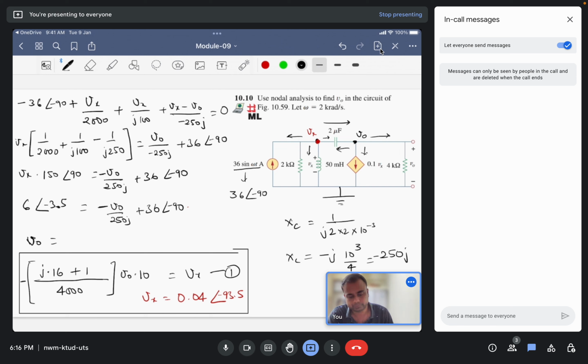So V0 I am getting as 90.31 angle minus 9.5. So this will be the voltage across the resistor.